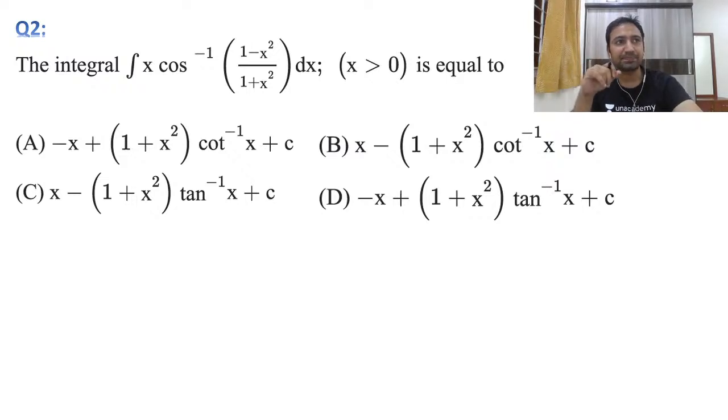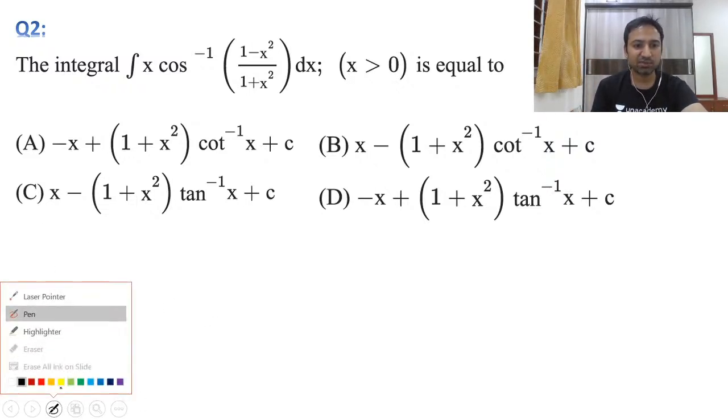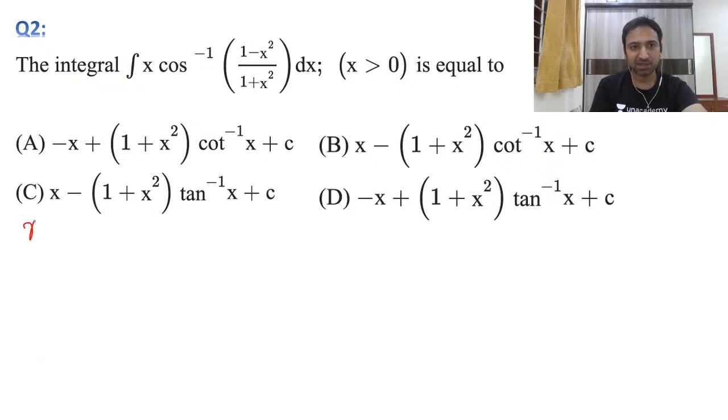Next, second question. Integral of x into cos inverse of (1 minus x square by 1 plus x square) dx. Here x is positive. So we can take any substitution, guys, something like x equals tan theta. Let's take x equals tan theta. See why?